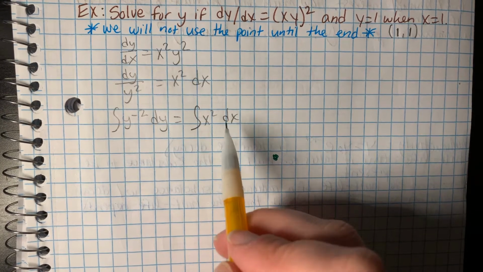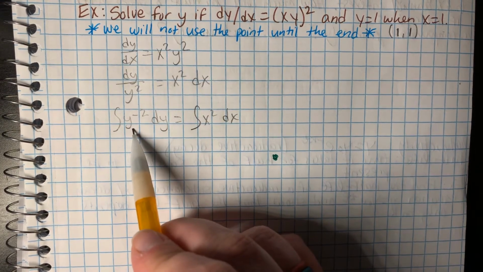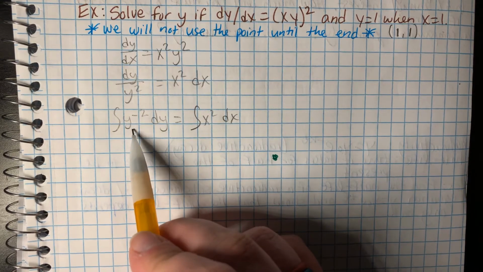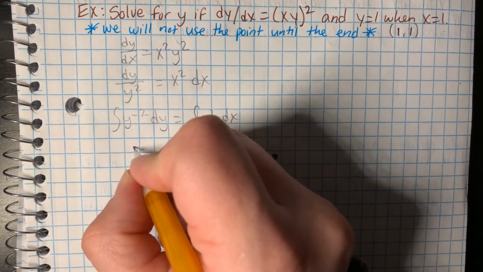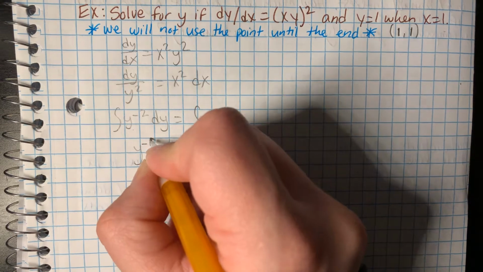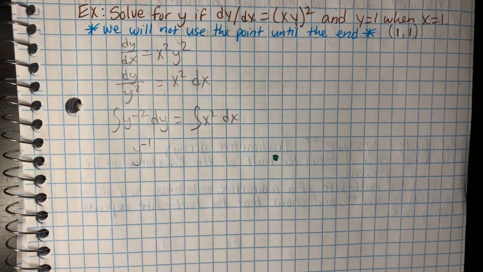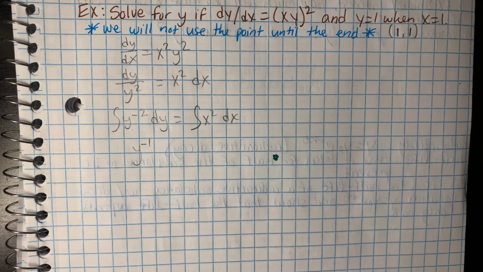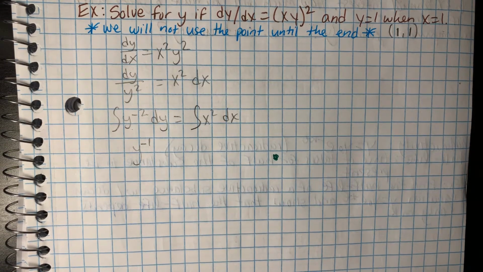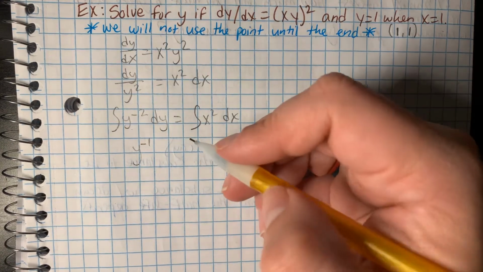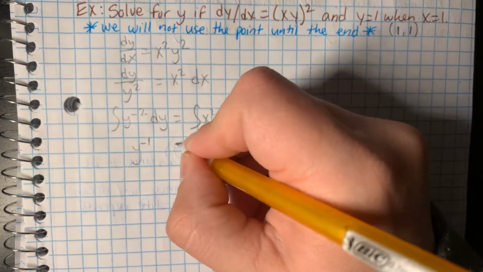When we take our antiderivative of this, we're going to go up 1 to a negative 1. So then we would need to drop a 1 over negative 1 in front of this.